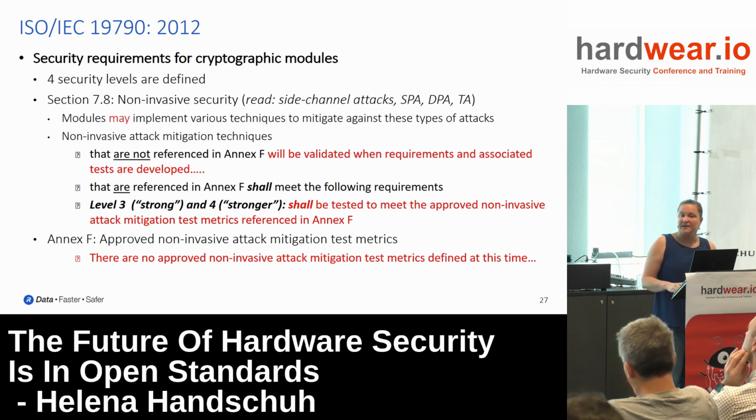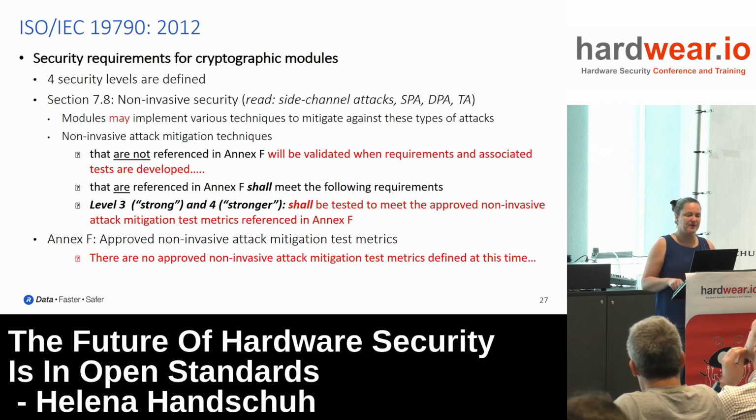And then in terms of non-invasive attack mitigation techniques, it says the ones that are not referenced in Annex F will be validated when requirements and associated tests are developed. The ones that are referenced in Annex F shall meet the following requirements, and then there are requirements for level 3, strong, and 4, stronger.